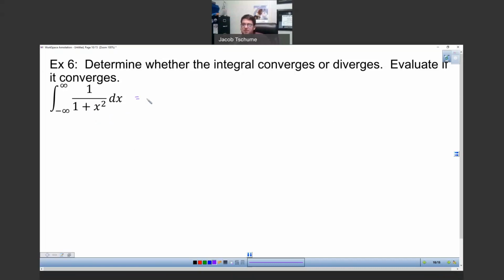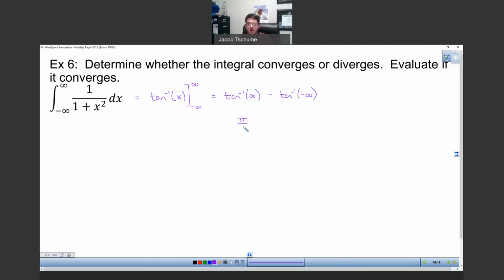So 1 over 1 plus x squared is one of your rules you should know. It is the inverse tangent of x that I am going to evaluate from negative infinity to positive infinity. So this would become the inverse tangent of infinity minus the inverse tangent of negative infinity, which are values you're supposed to remember from Cal 1 and from trig.